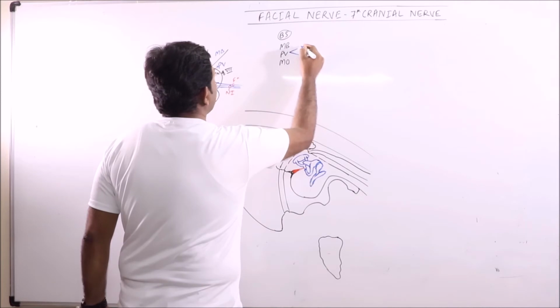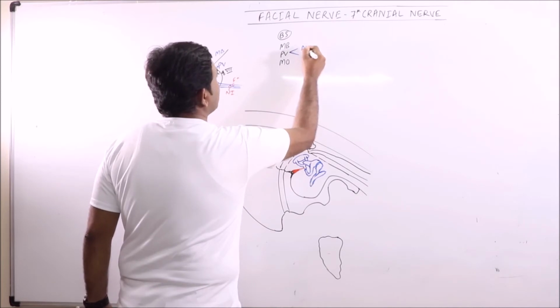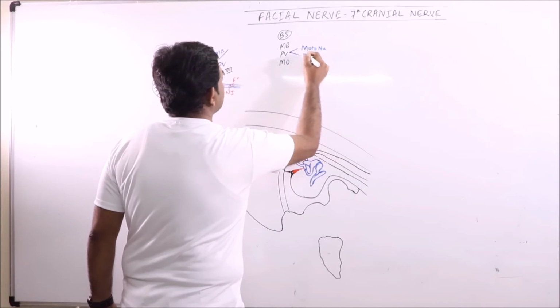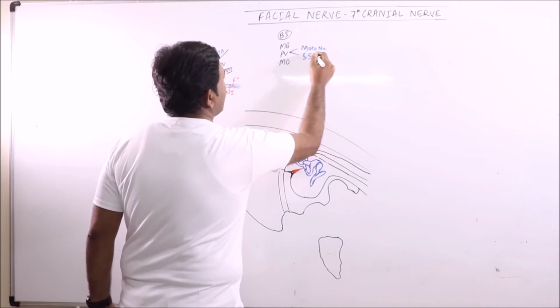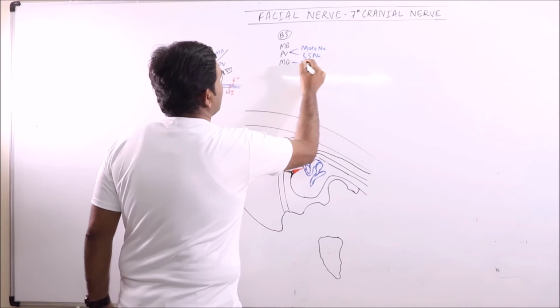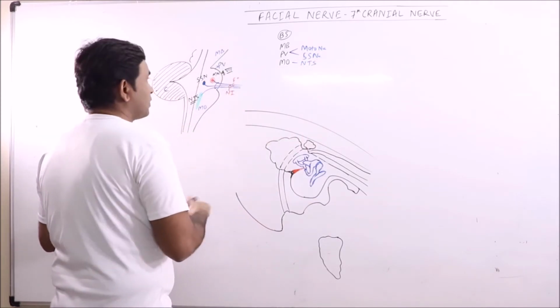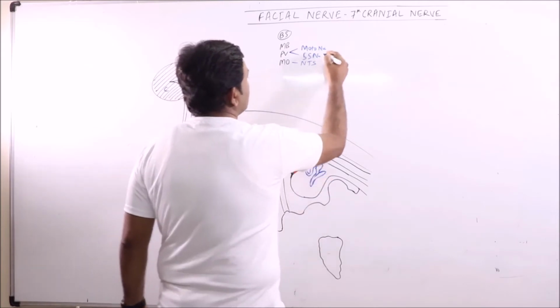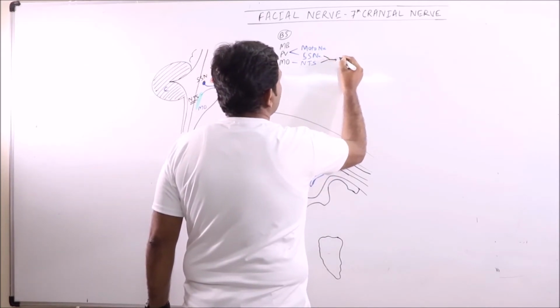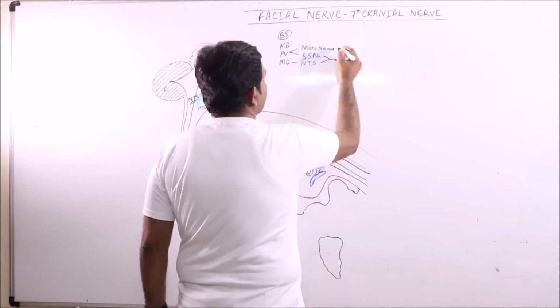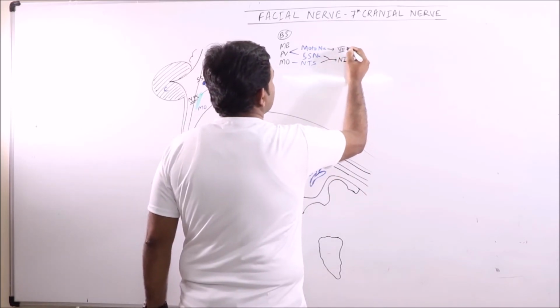Pons varoli is having the motor nucleus, and this is superior salivatory nucleus and this is nucleus tractus solitarius. Now these will combine to form nervus intermedius and this is forming the 7th nerve.